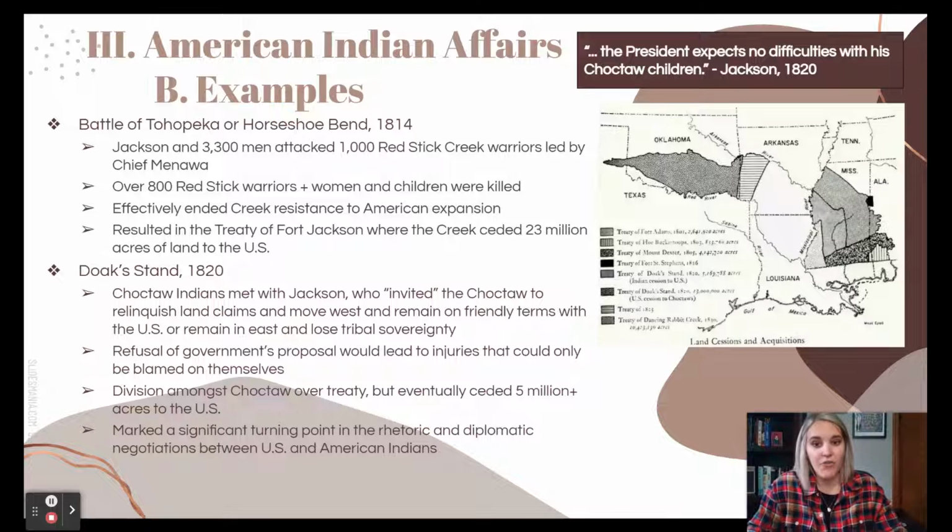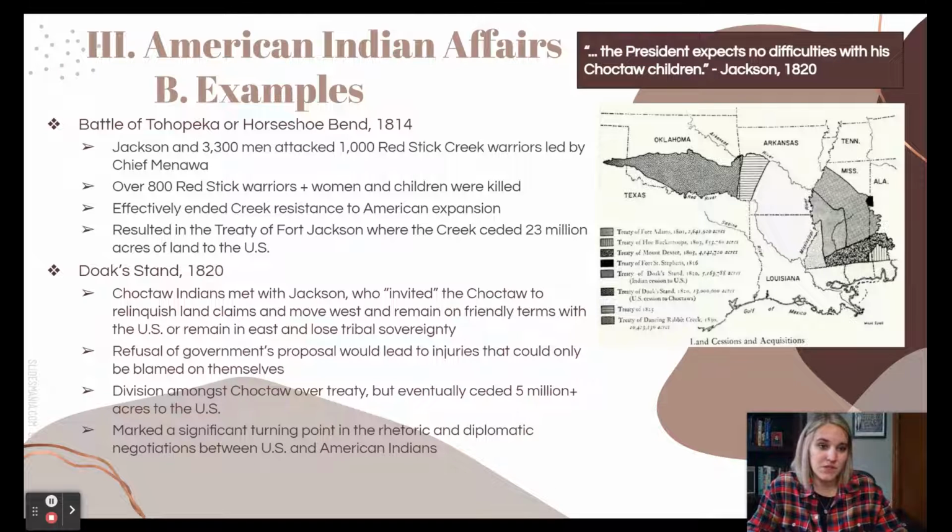And over 800 of the warriors, plus women and children, will be savagely killed. This is going to end Creek resistance to American expansion, because as a result of this massive attack, there is the Treaty of Fort Jackson, where the Creek end up ceding 23 million acres of land.